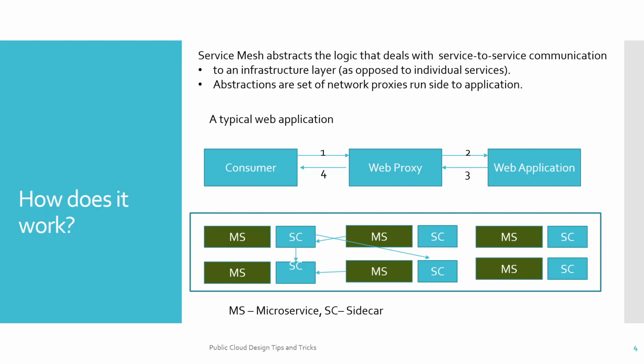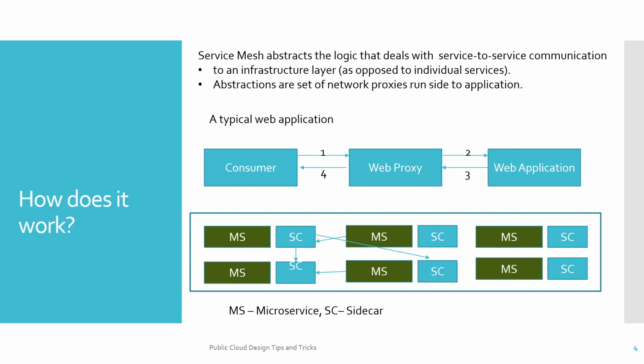Here services are microservices. Again, it's an abstraction, a set of network proxies that run alongside your application. Now coming to how a typical web application looks, there are two parties always involved, a consumer and a provider. The provider provides the APIs that need to be consumed by the consumer.